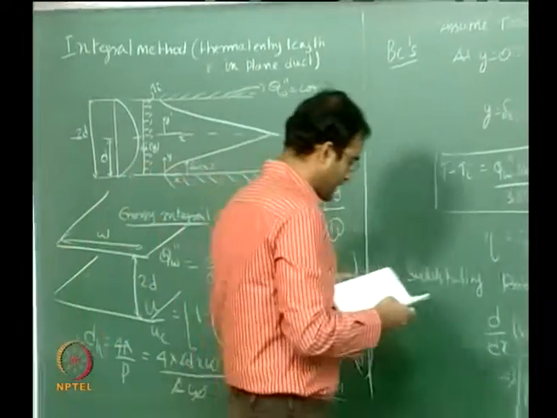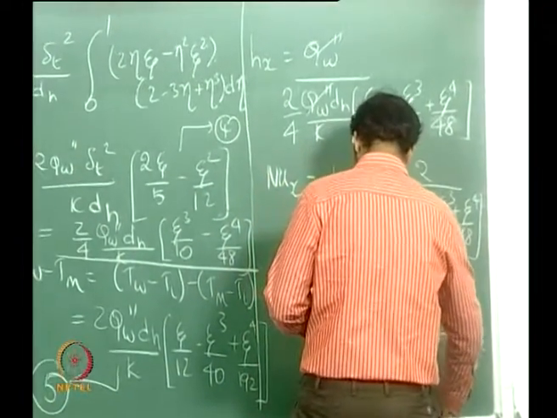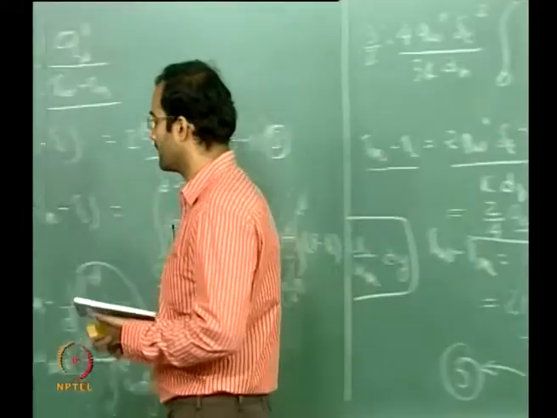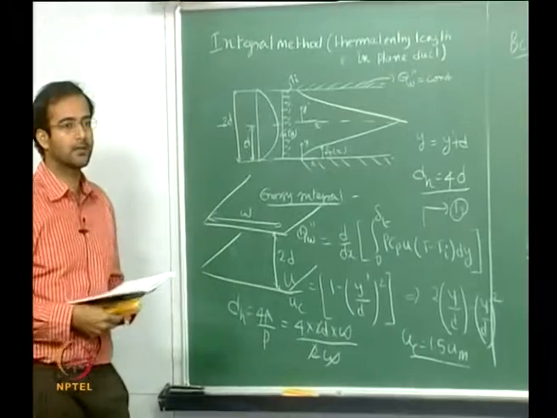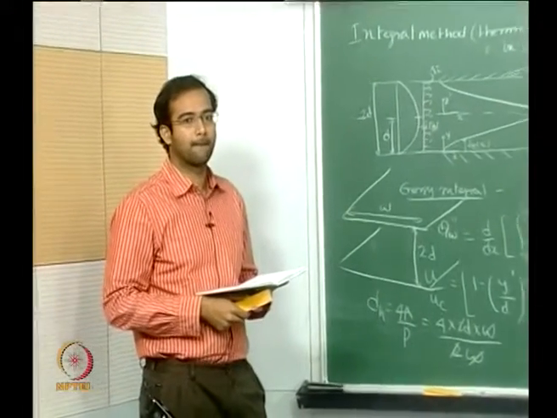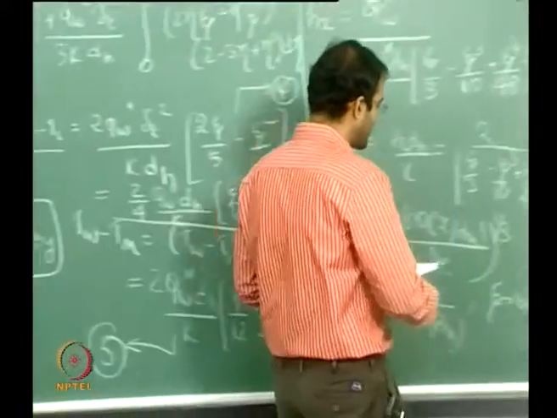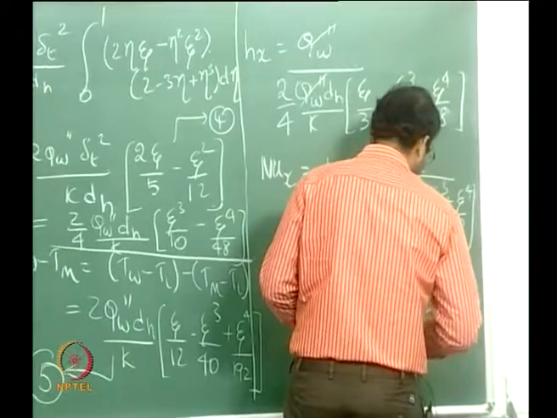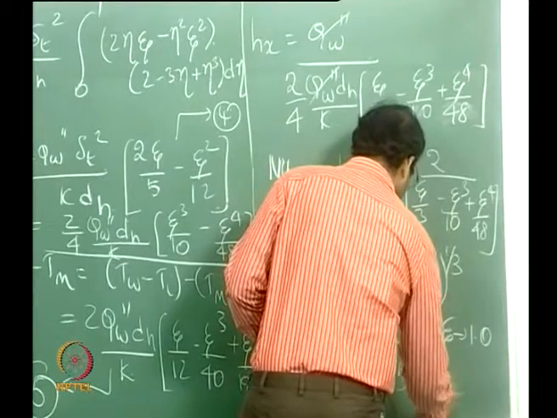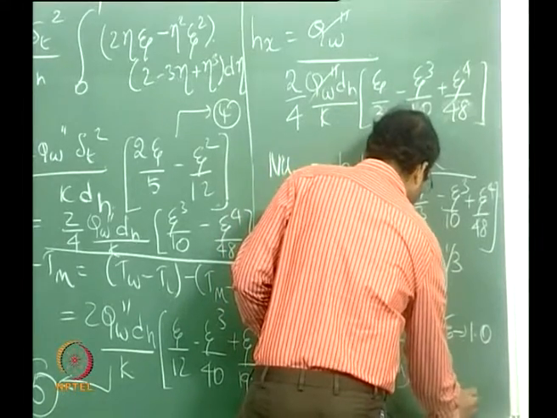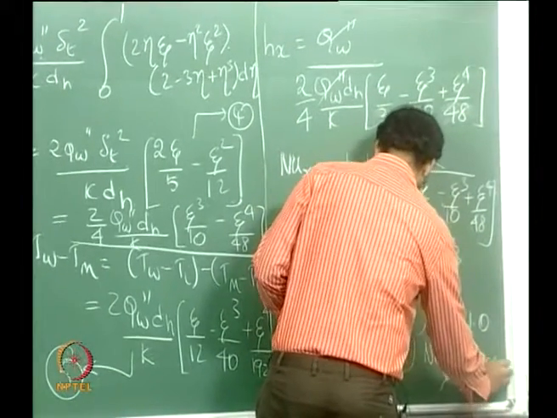So in that case, since my zeta is in terms of delta T by d, what happens if the flow is thermally fully developed? What should be the asymptotic value of zeta? 1. So for large values of zeta, that should asymptotically go to 1. So your Nusselt number for zeta going to 1 from this expression comes out to be 7.86.